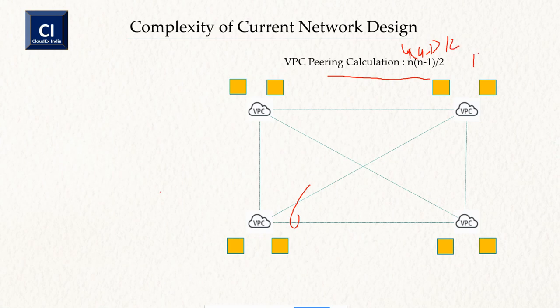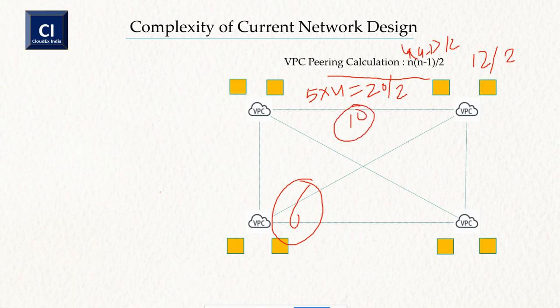So it is 4 times 3, which is 12, divided by 2, and you will have the exact number 6. If the number of VPCs is 5, then how many connections do you have to create? 5 times 4 is 20, divided by 2, so you have to establish 10 VPC peerings.